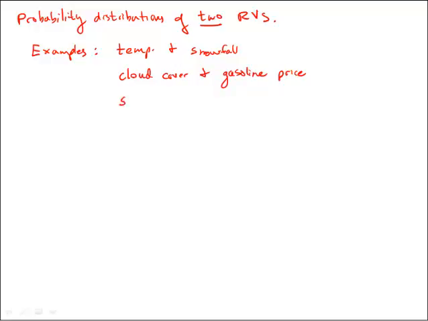Maybe, if you're into neuroscience, they are the stimulus you show and the response you measure, the response of the neuron. Some of these are independent and some of these are not independent.